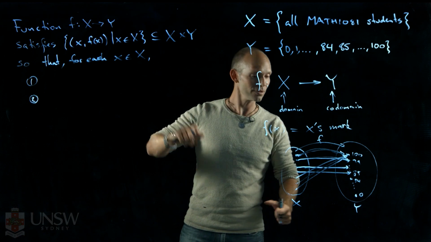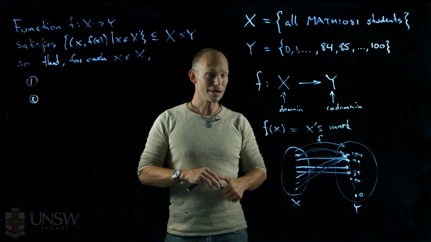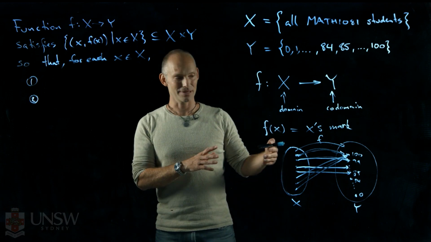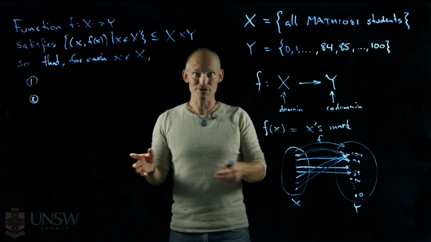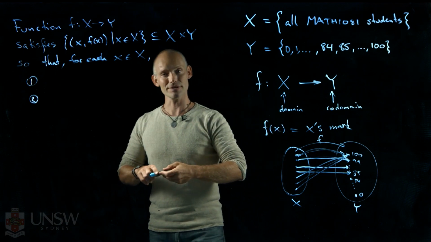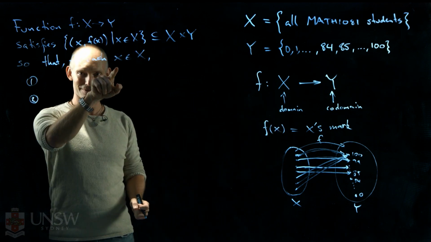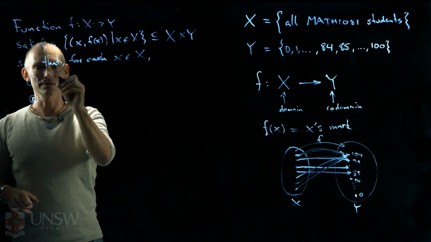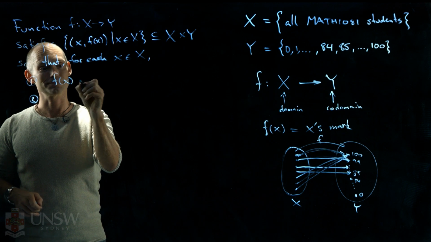Now, what could that be? Well, think about it. This mark-giving function, if you end the course and you want to get a mark, you would like there to be a mark function for you. So that's the first condition. For every one of you, or more generally, every element of x, f of x exists.